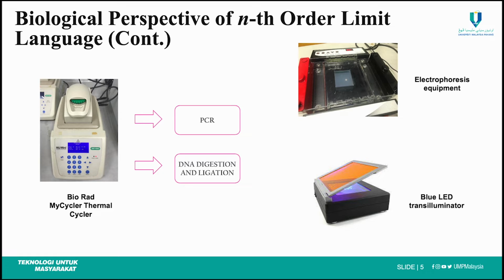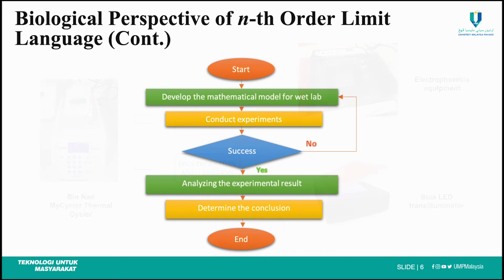Gel electrophoresis is performed where the aliquots are put into wells in the gel to observe the digestion and ligation results. The gel is then visualized using blue LED transilluminator under UV light to observe the digestion and ligation results.